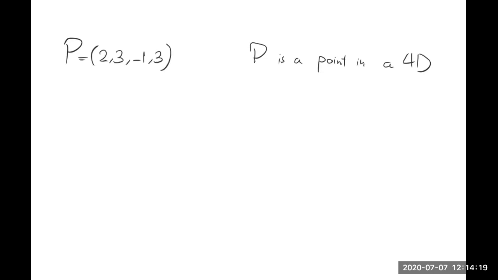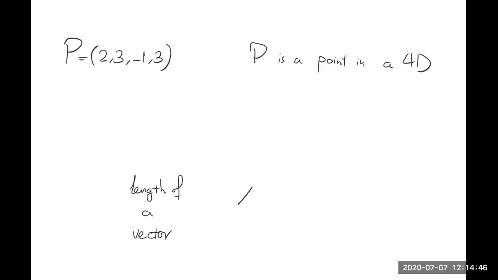Okay, someone is asking, what is the difference between the length of a vector and the distance between 2 points? Actually, there's no difference. The length of a vector is the distance between its initial and final points.